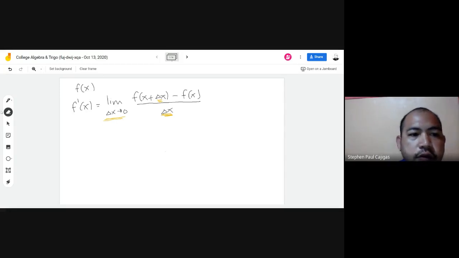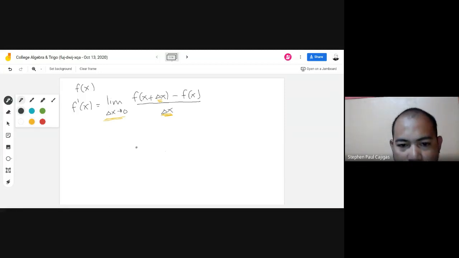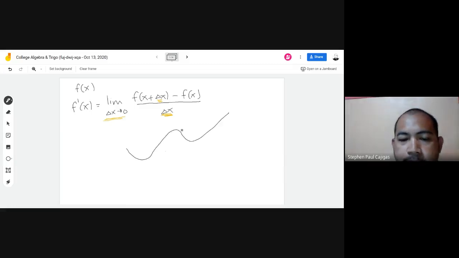So if we want to see what is the change happening here, what we can do is get the slope of a tangent line.